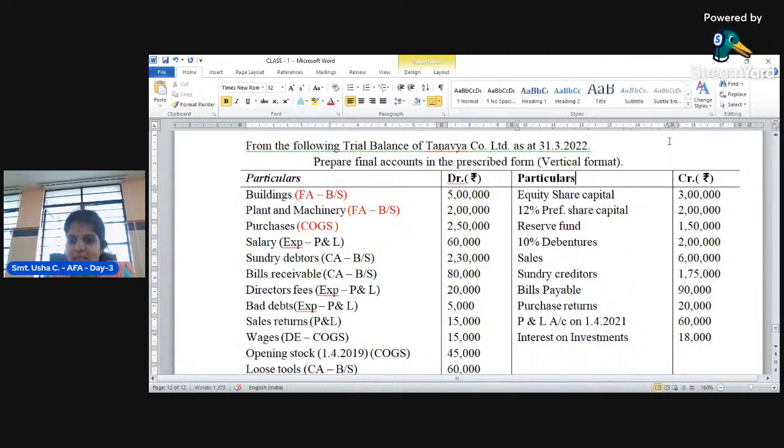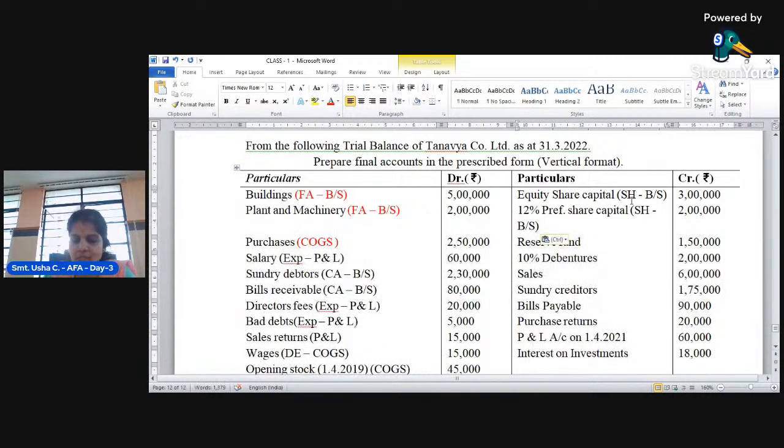Next, under the credit side of the trial balance, the first item is equity share capital. It is also an item of balance sheet, and it will be taken as equity, under shareholders fund. Next, even preferential capital is also a shareholders fund.